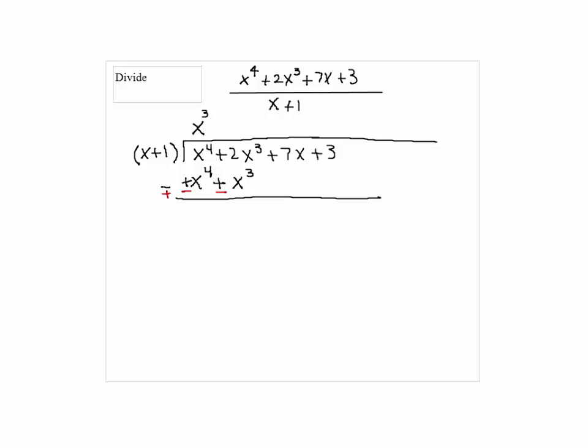Here we have to subtract to get the remainder. When you subtract in columns, you can say we are adding, and then we have to change the sign of the second term into its opposite sign.